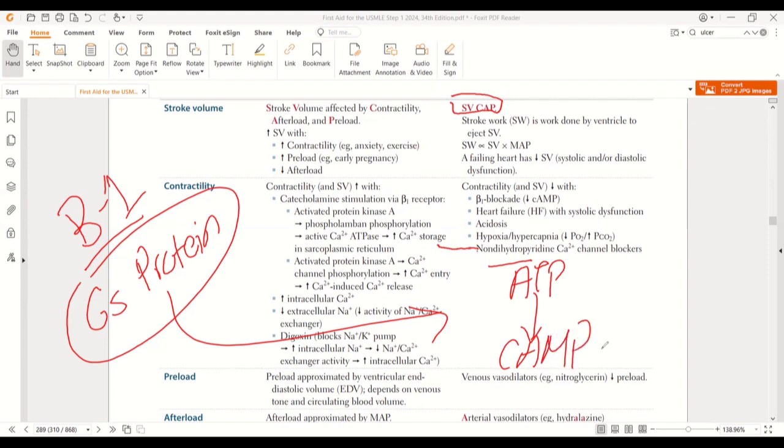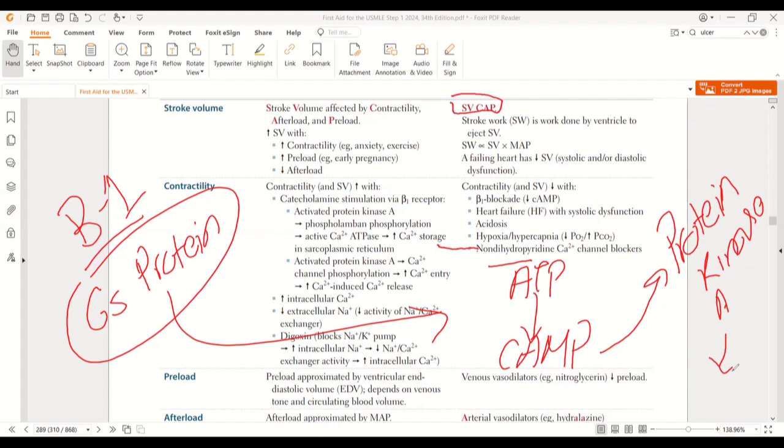So this cyclic AMP leads to stimulation of protein kinase A. This is high yield, and the receptors like beta 1, beta 2, and M2 receptor are again high yield. We will discuss them in a separate session. So this protein kinase, kinase means phosphorylation, right? They phosphorylate many proteins.